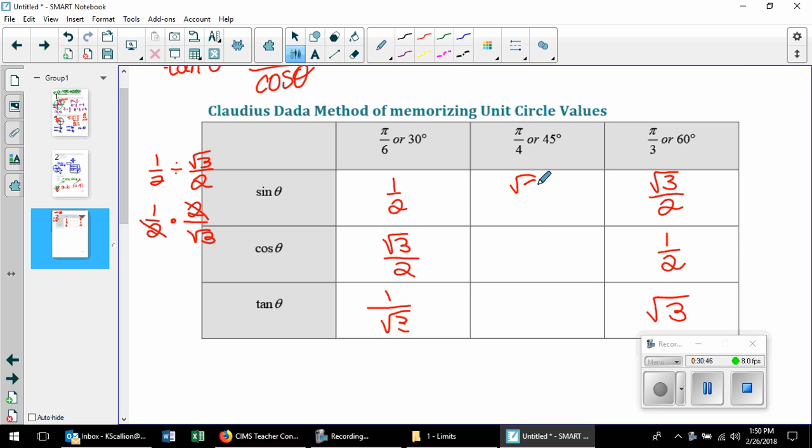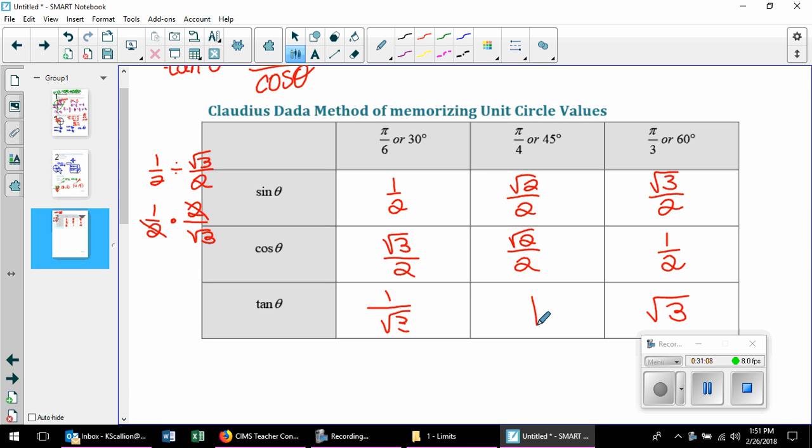Root 2 over 2. Root 2 over 2. 1. Okay, so this is how buddies help me remember my unit circle. Buddies, not like those over there. Okay, so 1, 2, 3.